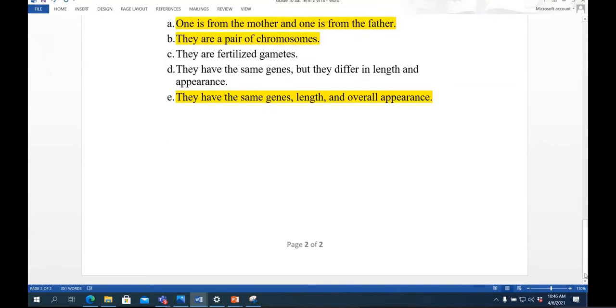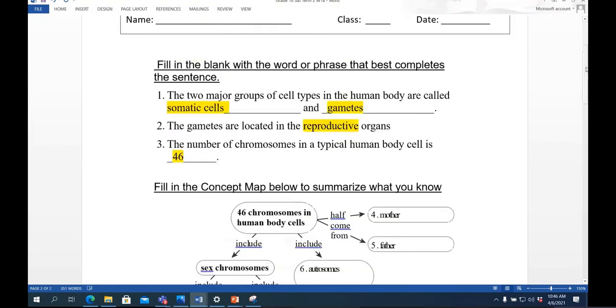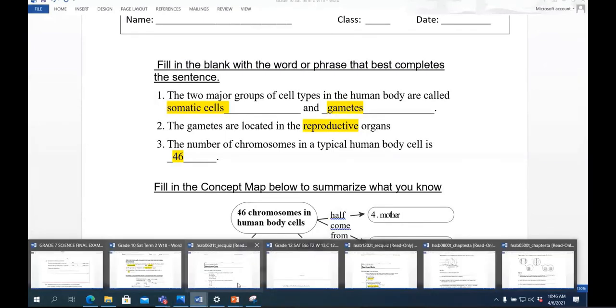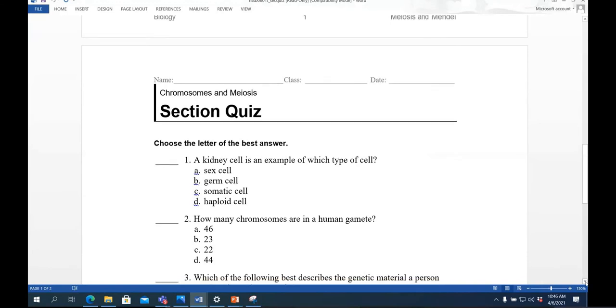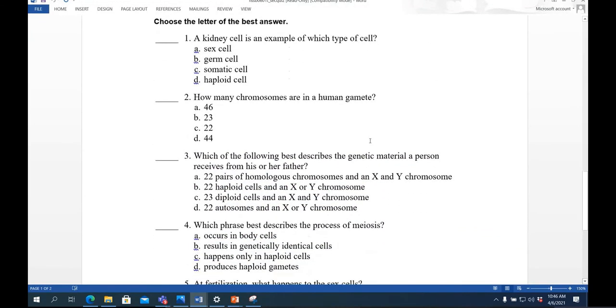All right, ladies, so these are the answers to the structured worksheet questions. Let's also solve the MCQ worksheet. Yes, this is the MCQ worksheet. Lana, could you please answer number 1? A kidney cell is an example of which type of cell?